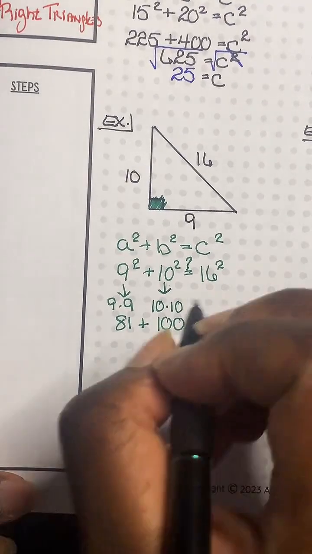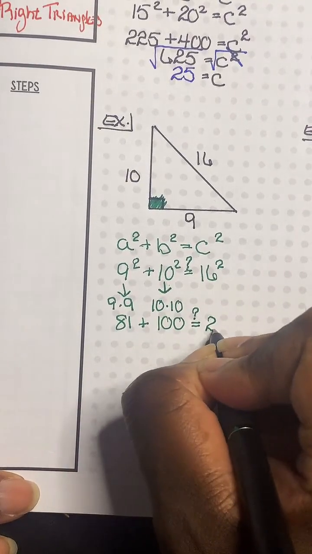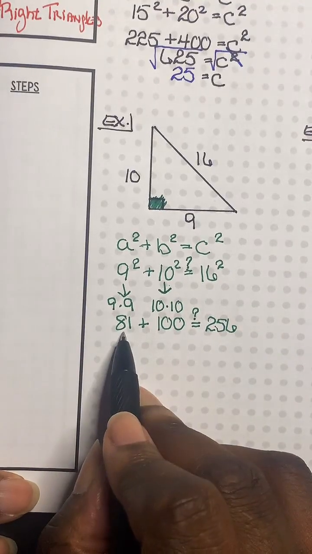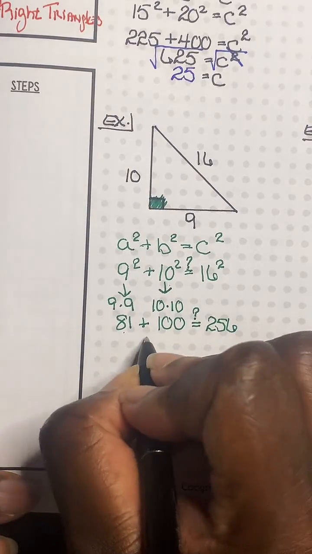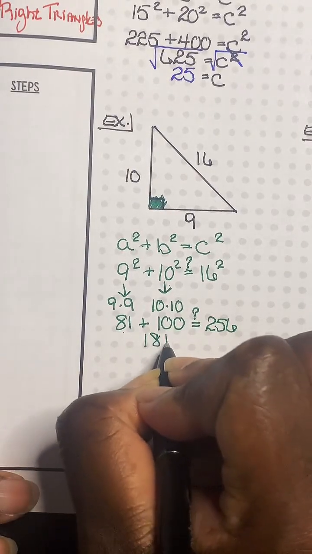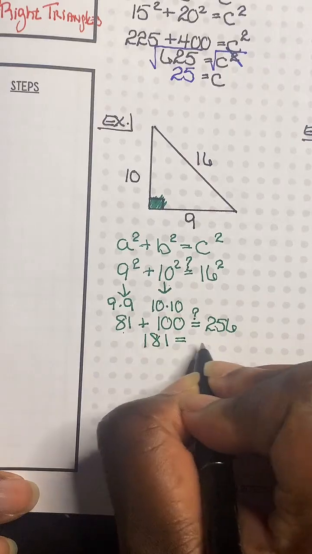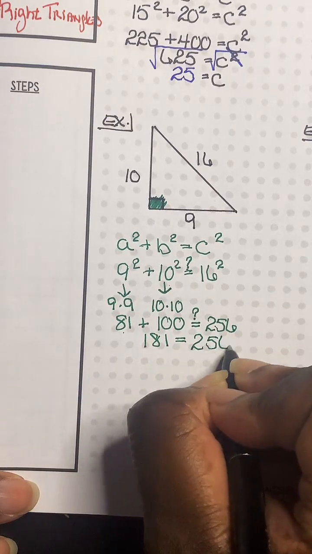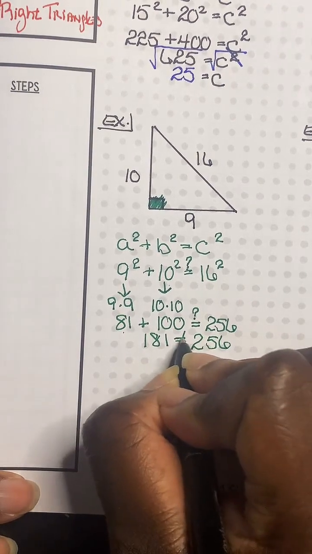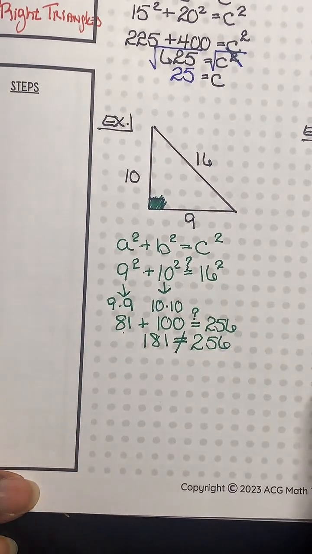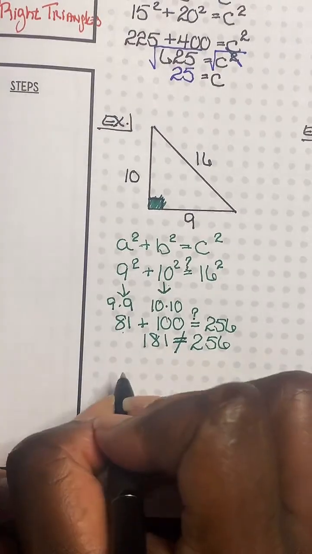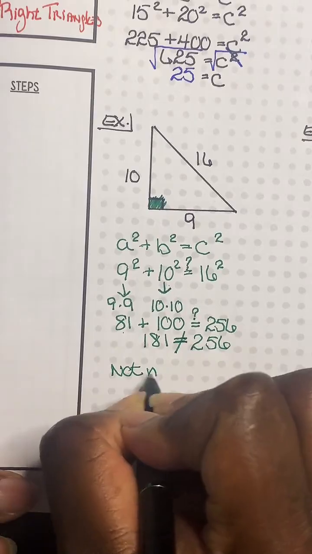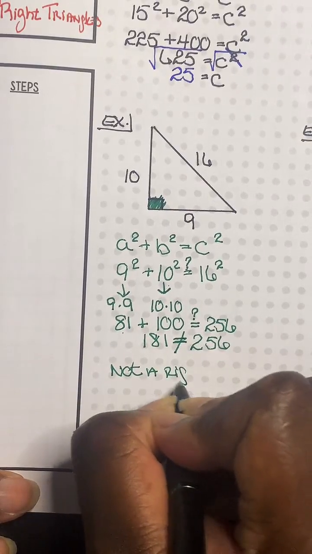So this gives me 256. Last time I checked, 81 plus 100 gives me 181. And last time I checked, 181 does not equal 256. So just as someone said earlier, it's not a right triangle.